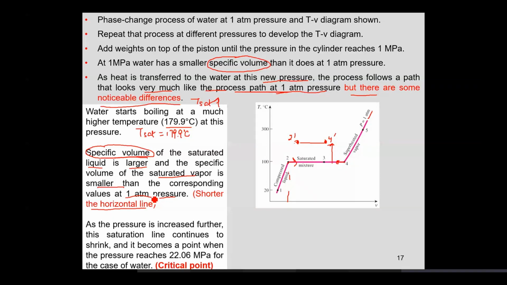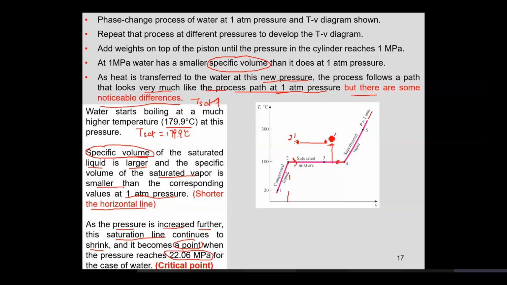As the pressure is increased further, the saturation line continues to shrink until it becomes a point, where the pressure reaches 22.06 megapascals.